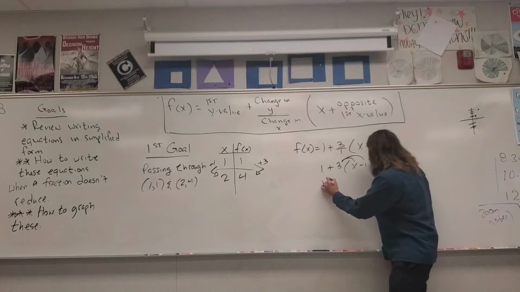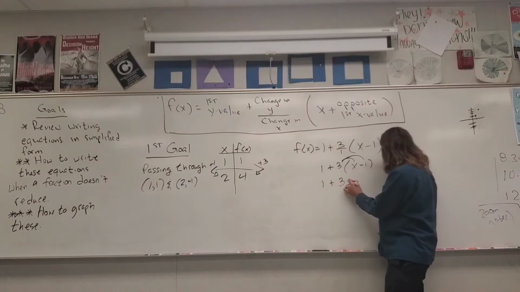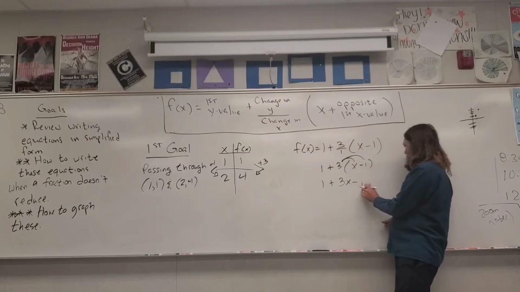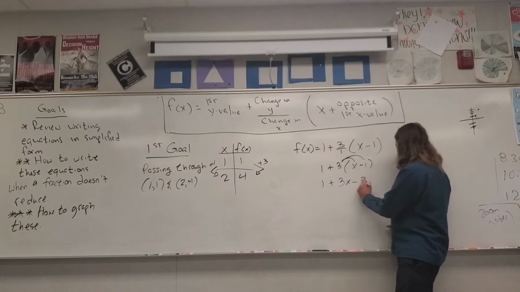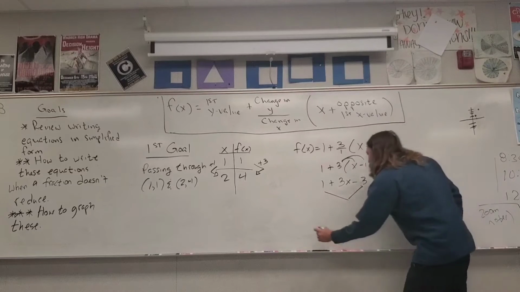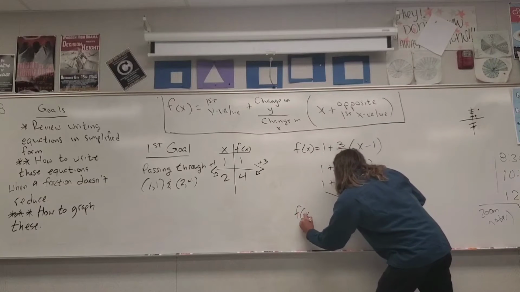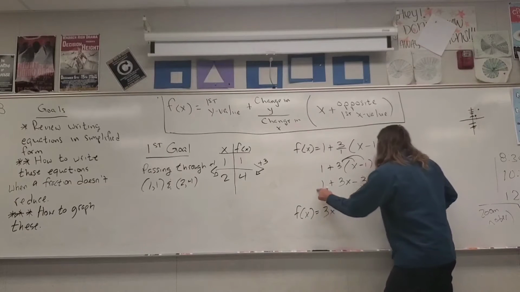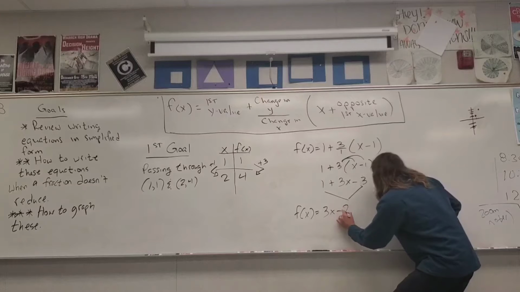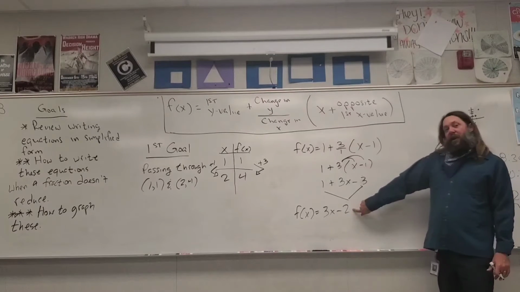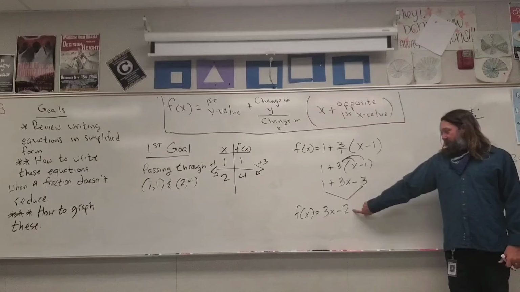And I get 1 plus 3x, because it's 3 times x, and then 3 times minus 1 is minus 3. You learn how to multiply here. Now I combine my like terms, and I get f of x equals 3x. I have $1, I owe 3, that means I owe $2, and that's my equation. And remember, this is my y value when x equals 0.